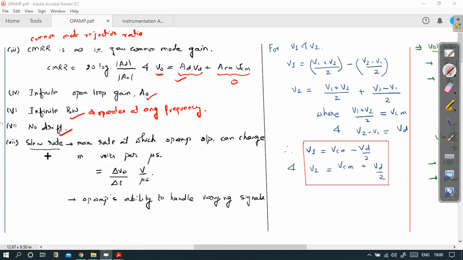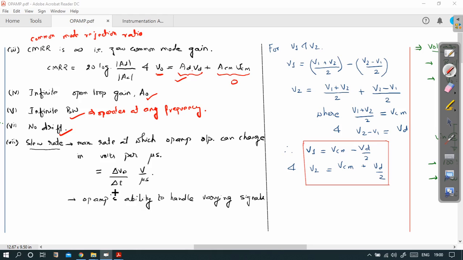And the slew rate: slew rate is the maximum rate at which the op-amp output can change, in volts per microsecond. That is delta V naught by delta T, where delta V naught is the change in output voltage, and delta T is with respect to time.